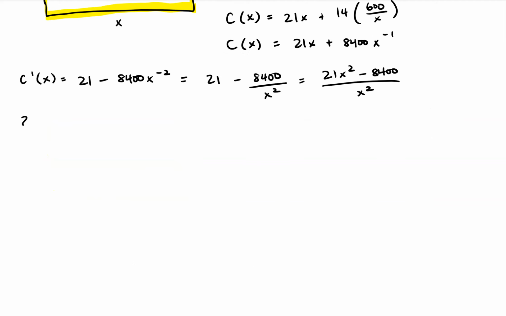Okay, so now we're going to take our derivative function and set that equal to 0. And that is equal to 0 when the numerator is equal to 0. So we have 21x squared minus 8400 is equal to 0.